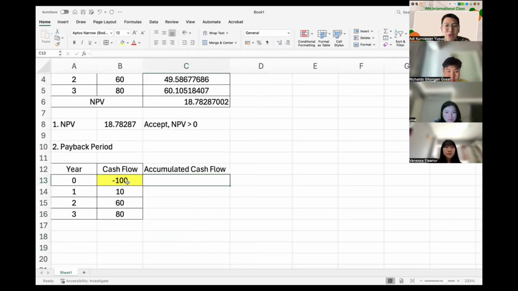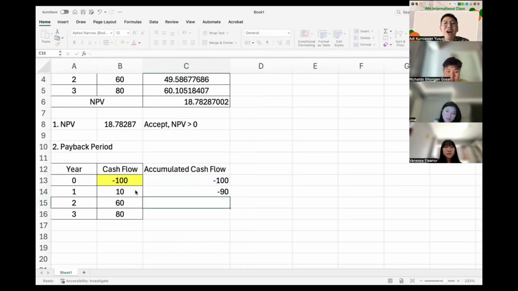How to find the accumulated cash flow? In year 0, since you spent 100, your accumulated cash flow will be minus 100. In year 1, you get 10, so minus 100 plus 10, the accumulated cash flow is minus 90. And so on in year 2 as well, in year 3 as well.